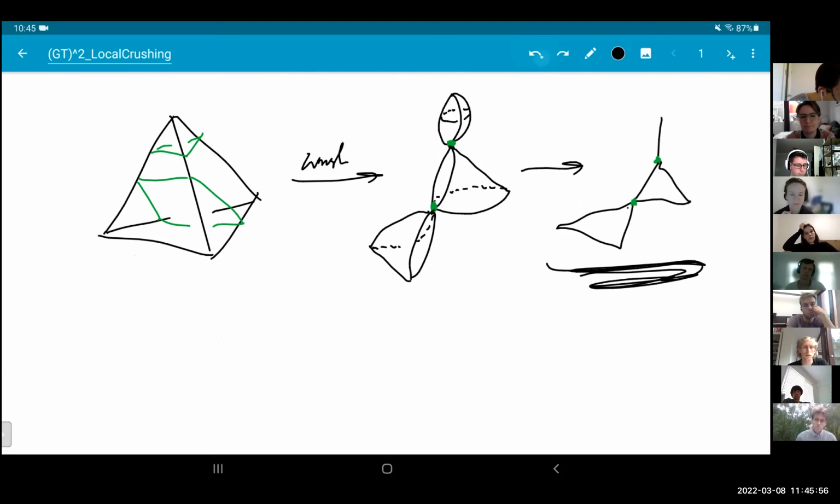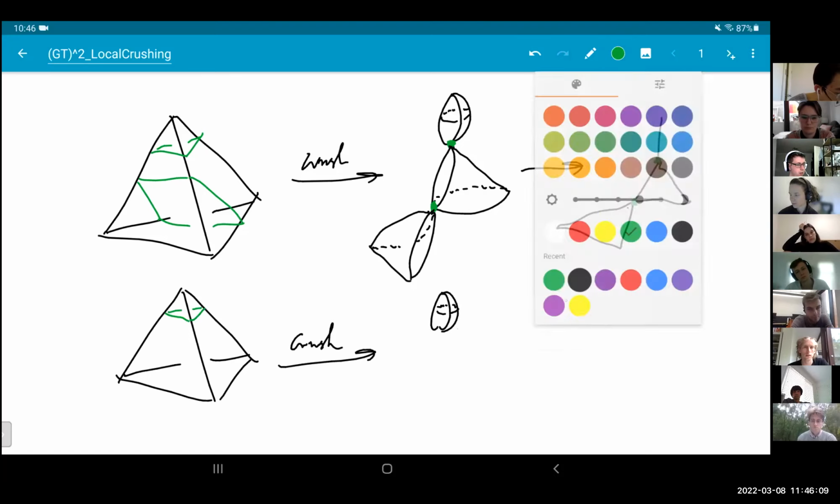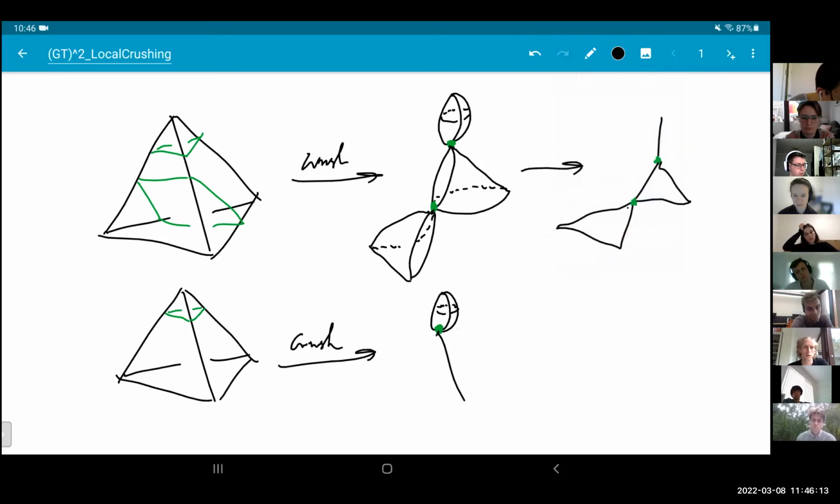Okay. Let me just draw a really boring example. So like there's just one triangle, right? So what happens when you crush this? Right, you still get this football, right? And now you see what's left is like a smaller tetrahedron, right? So if you have no quads, the tetrahedron survives somehow.